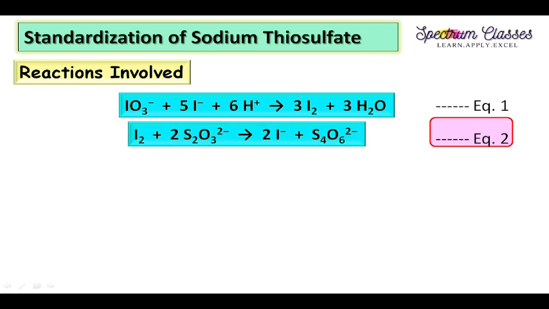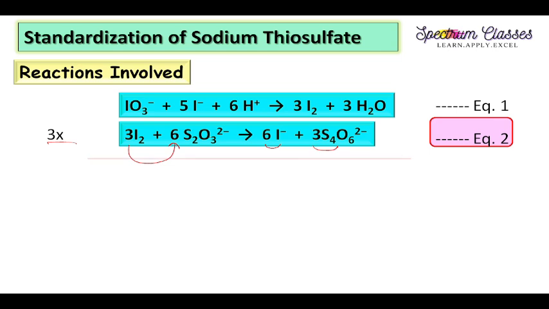Now in the previous equation we are having 3 iodine which is released, and in the second equation we are having 1 iodine. So just to balance this equation, we simply multiply this equation by 3. So if I multiply this equation, then what I will get? 3I2 plus 6S2O3 2 minus. I will get 6 iodide and 3 of this. So here 3 iodines will react with 6 S2O3.